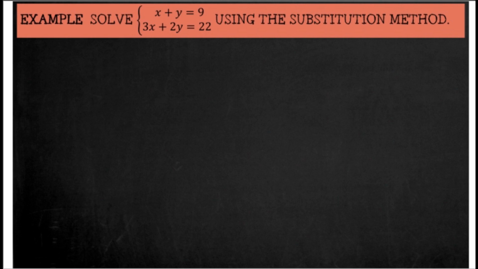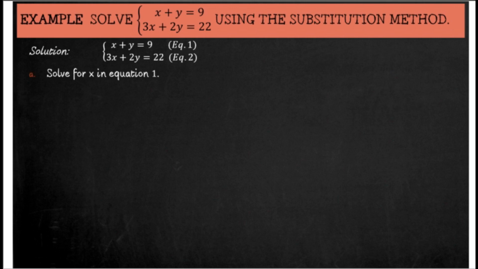For example, solve the system of linear equations x plus y equals 9 and 3x plus 2y equals 22 using the substitution method. X plus y equals 9 is our equation 1 and 3x plus 2y equals 22 is our equation number 2.